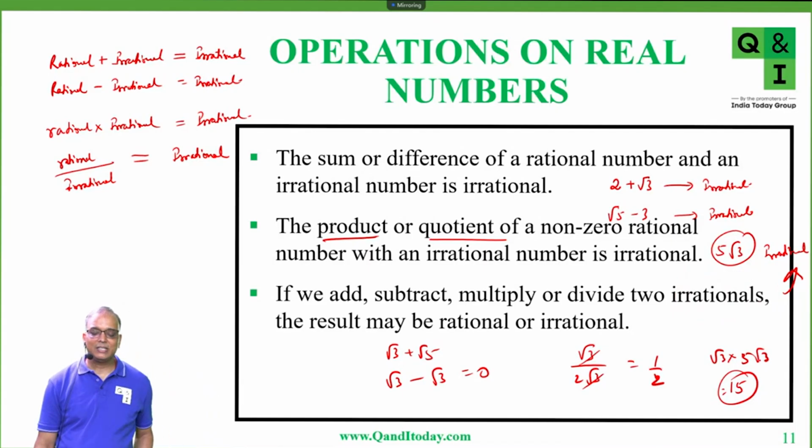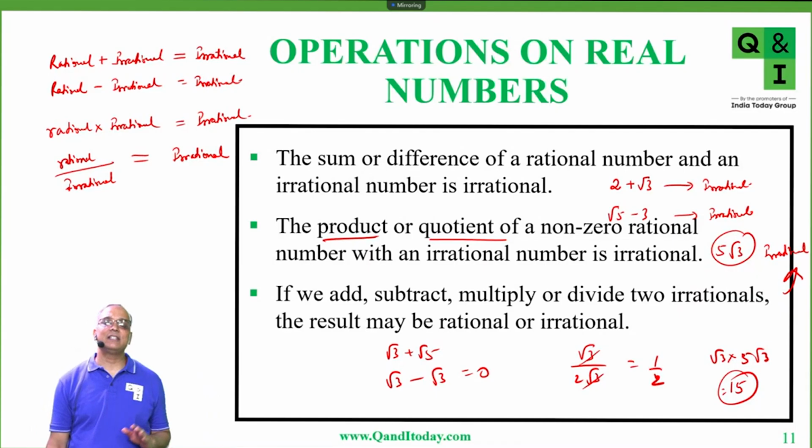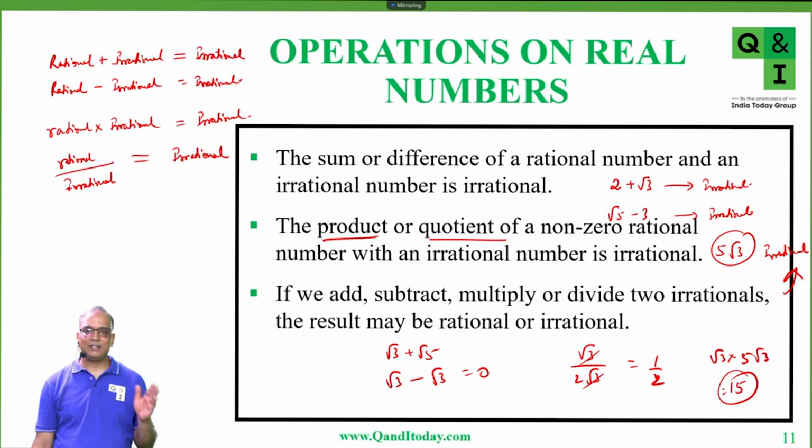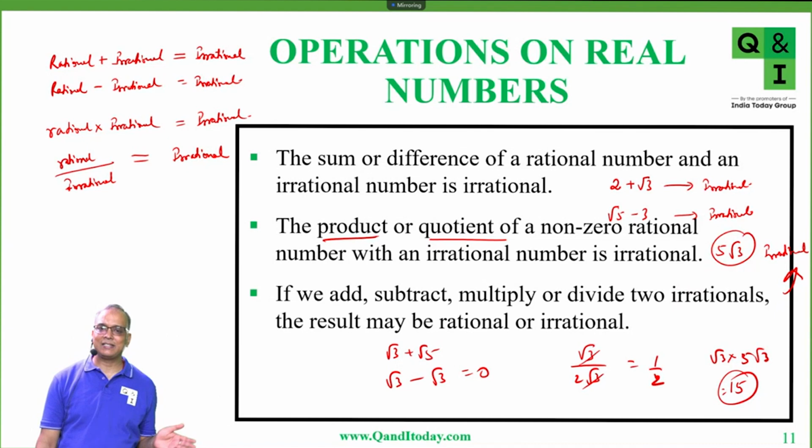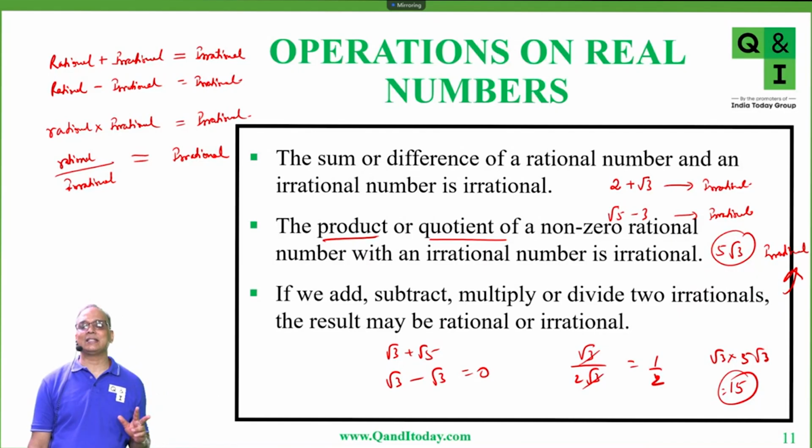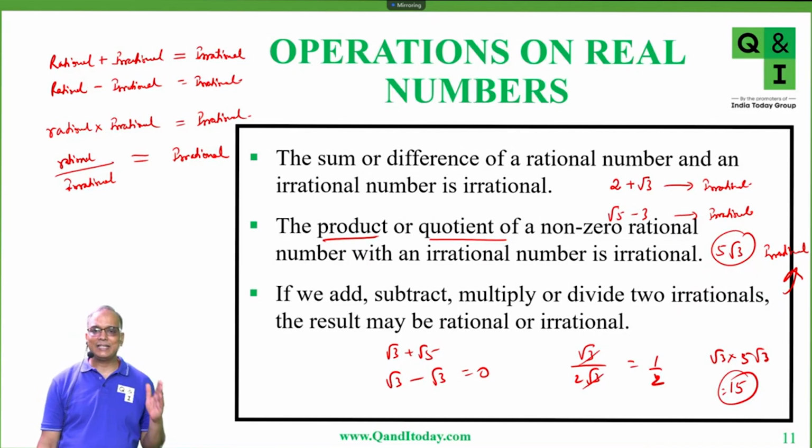Please quickly note this down. When you have sum or difference of rational and irrational, the result will be irrational. When you have product and quotient of rational and irrational, the result will be irrational. But if we add, subtract, multiply or divide two irrational numbers, the answer can be a rational number or an irrational number.